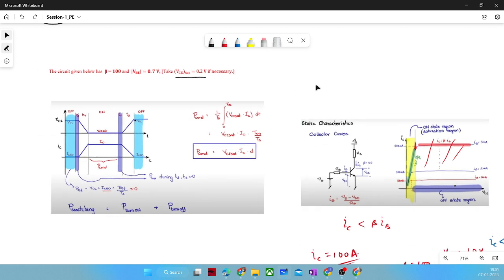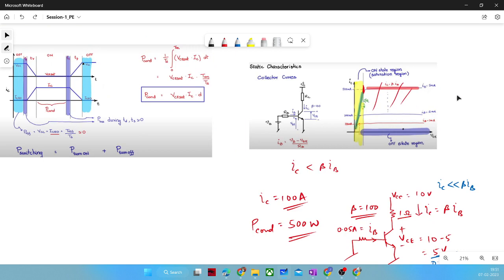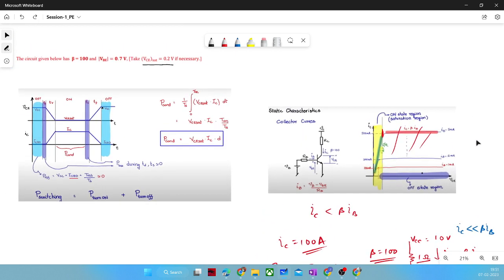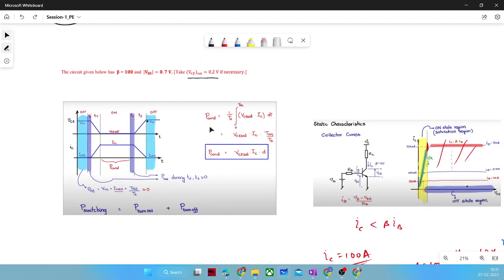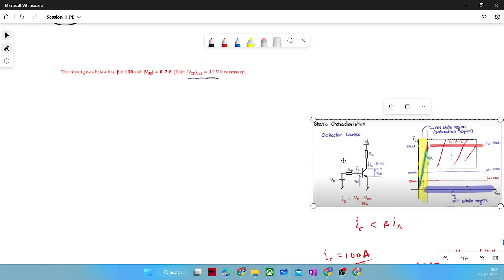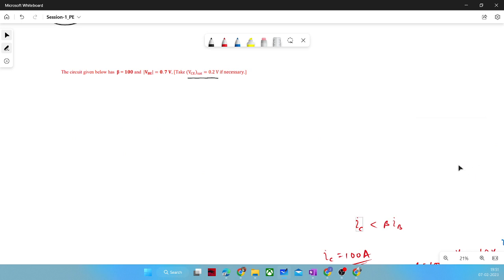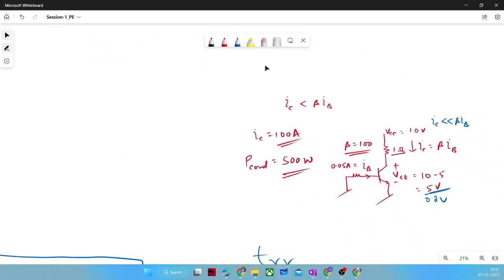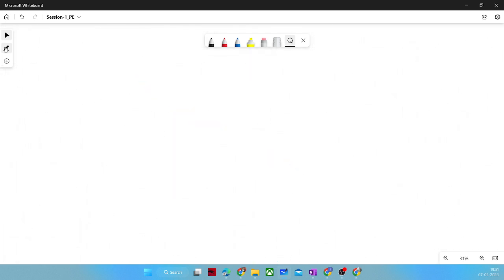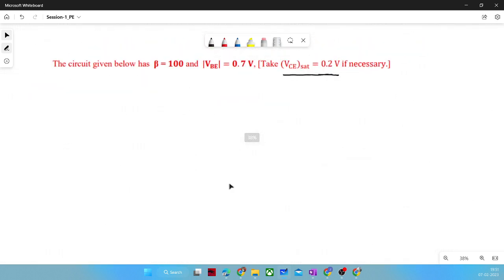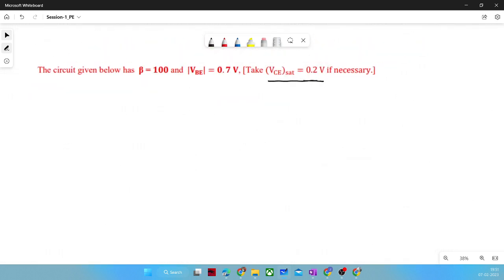So I was trying to explain why we operate a transistor as a switch in saturation region. But we will come back again to the problem which was asked. So the circuit was something like that.